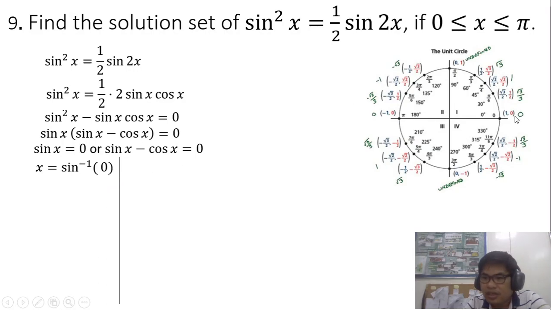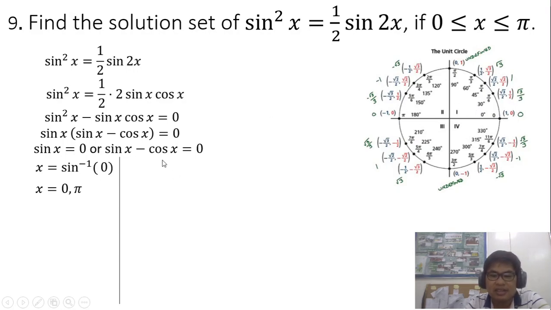So 0, really, no? Since kay naaraman sa first and second quadrant, so it means our x should only be 0 degrees or 0. Kay naka-radian man siya, so 0. And pi. 0 and pi, kaning duha. So we have 0 and pi.